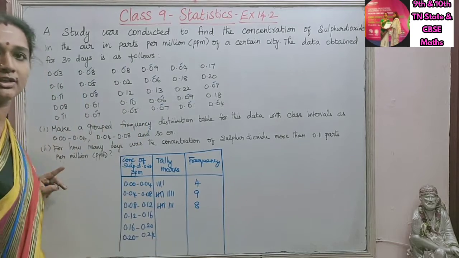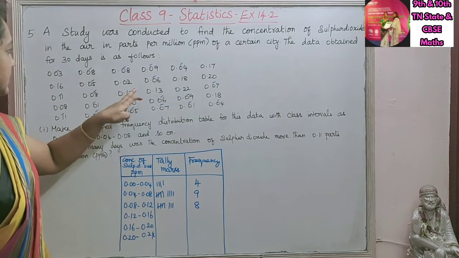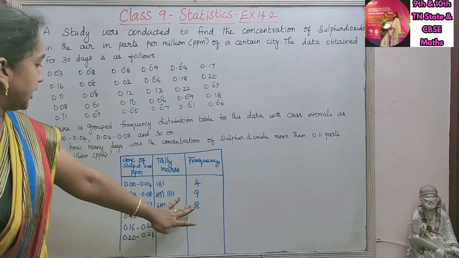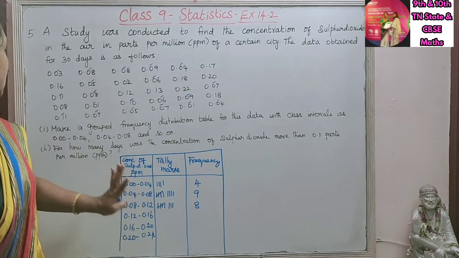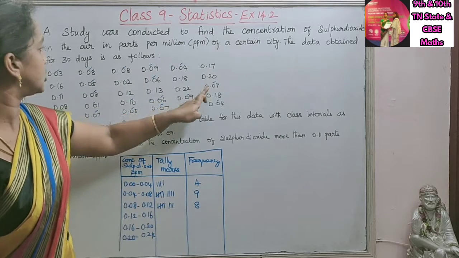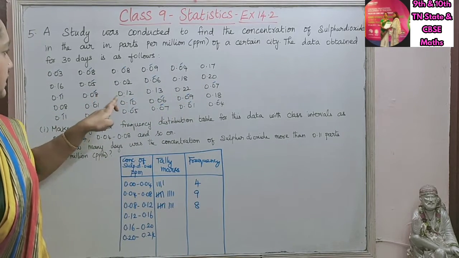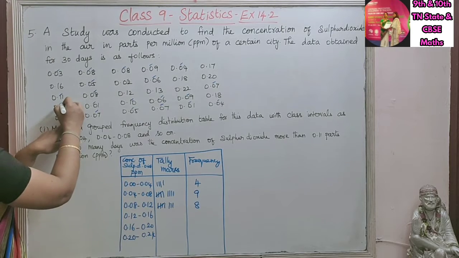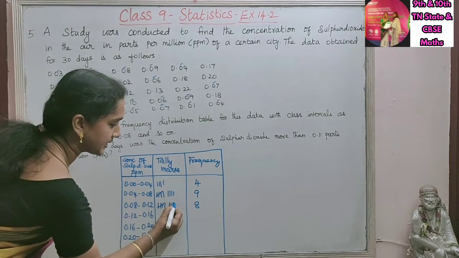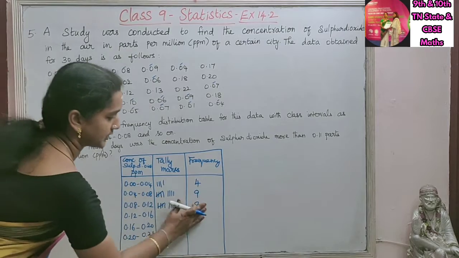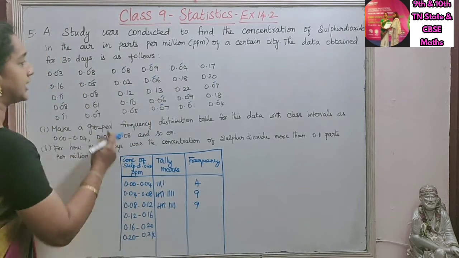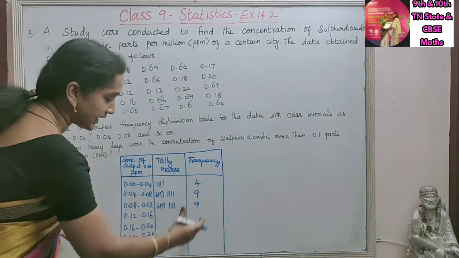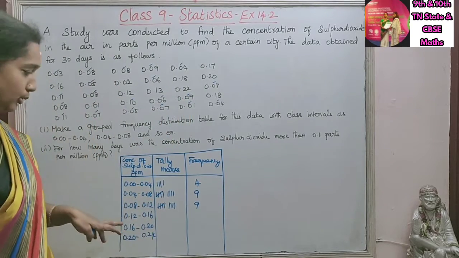We will find if there is any balance and include it here. So here one more 8 is there, so we will get 9 for this. Simultaneously we will put the tally marks here, and if there is any balance, finally we will include that.